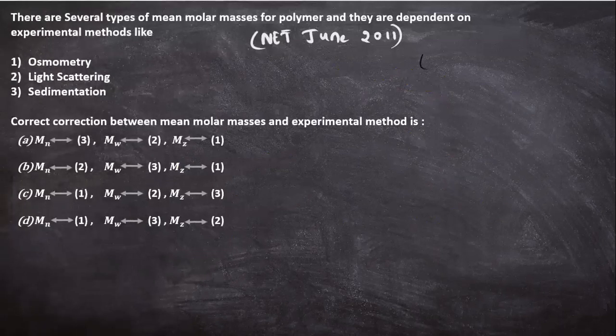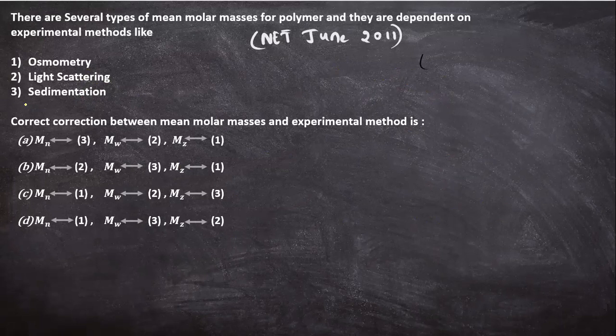From here now, previous year questions will start. Try to solve by your own first. Very simple questions will be asked. The question: there are several types of mean molar masses for a polymer and they are dependent on experimental methods, such as osmometry, light scattering, sedimentation.